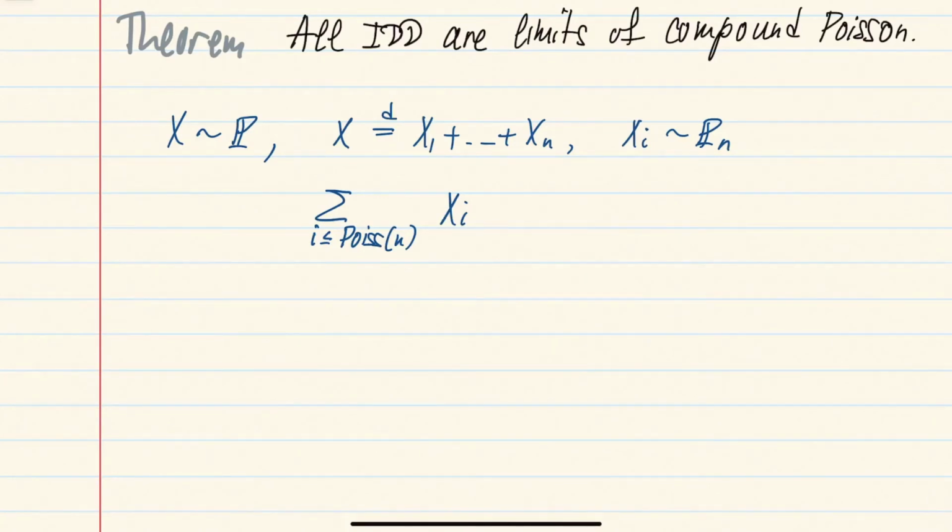And for large n, this is close in distribution to x. So when n goes to infinity, this compound Poisson random variable on the left will converge in distribution to our x.